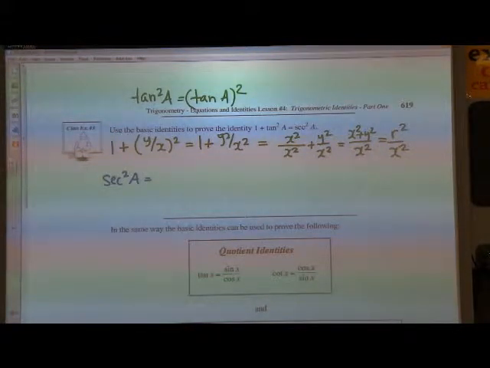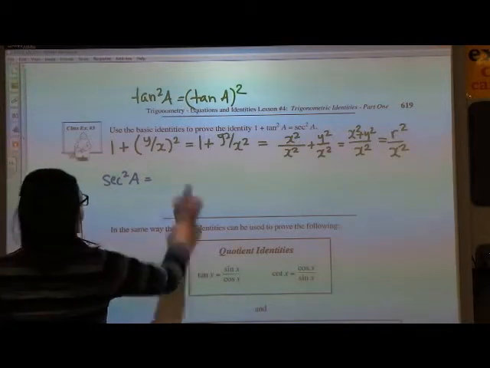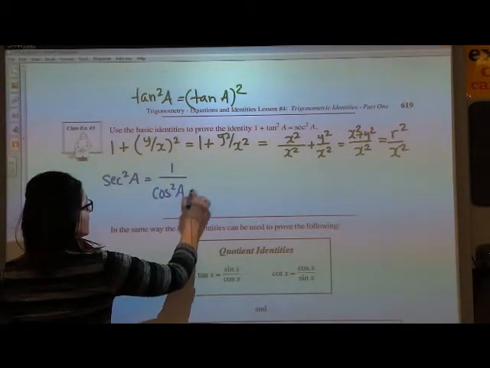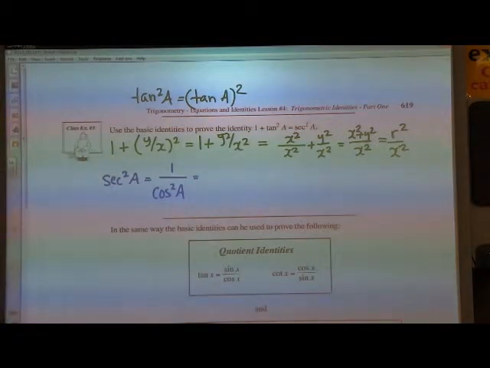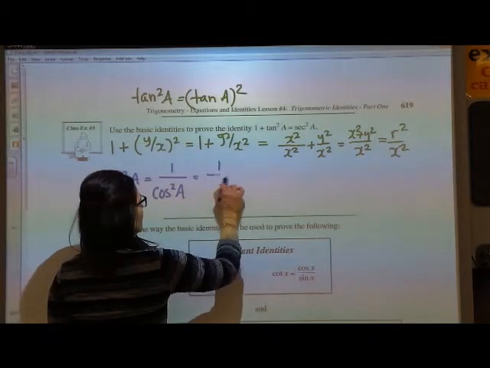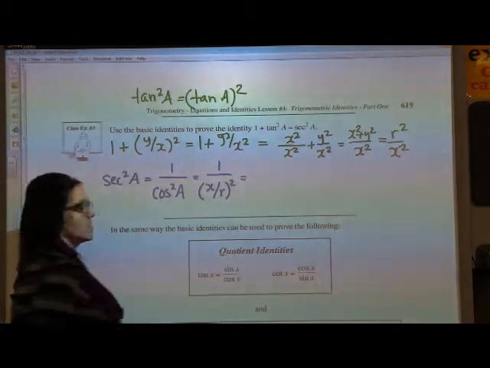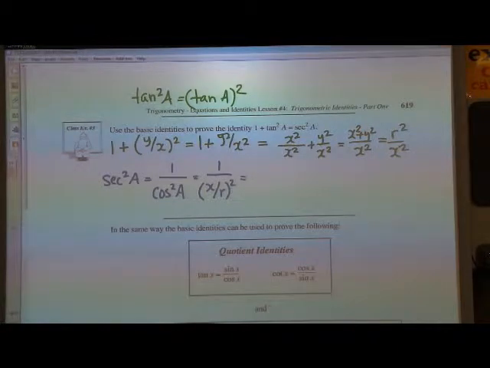Secant is the reciprocal of cos, so secant squared A equals 1 over cos squared A. What does cos equal? X over r. When I square x over r, I get x squared over r squared.